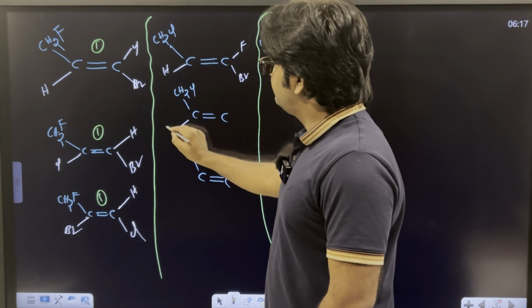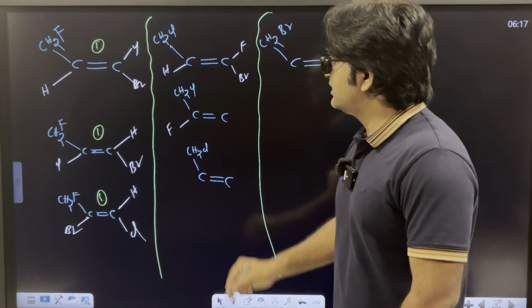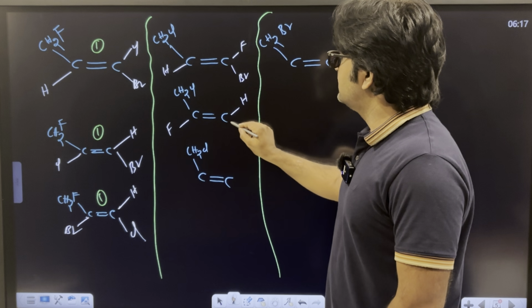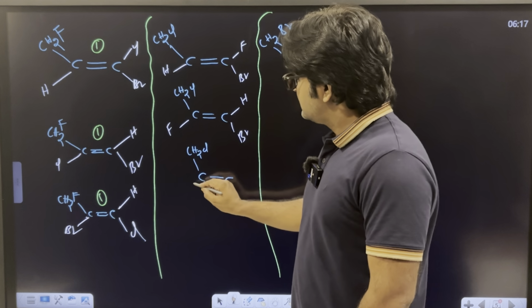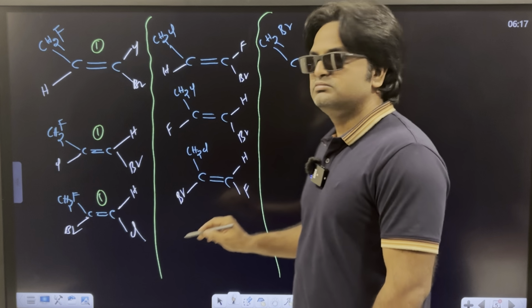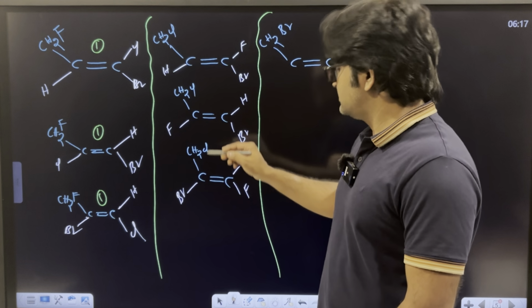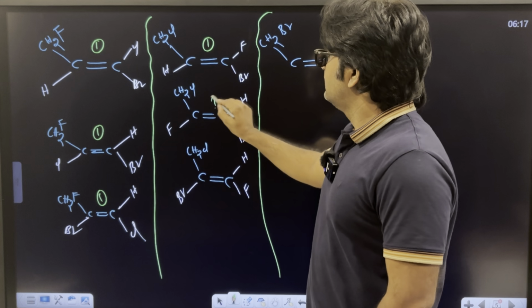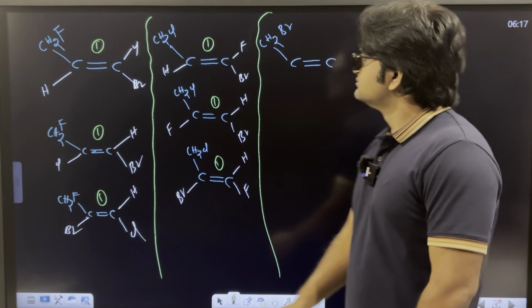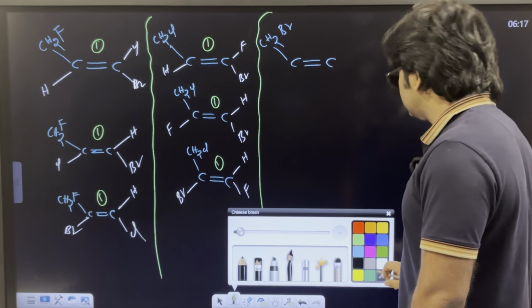If you are taking fluorine on this carbon atom, the remaining are hydrogen and bromine. If bromine is connected on this carbon atom, then the remaining atoms are fluorine and hydrogen. Clear? These are the three possible structures. Once again, I am taking 1, 1 and 1.